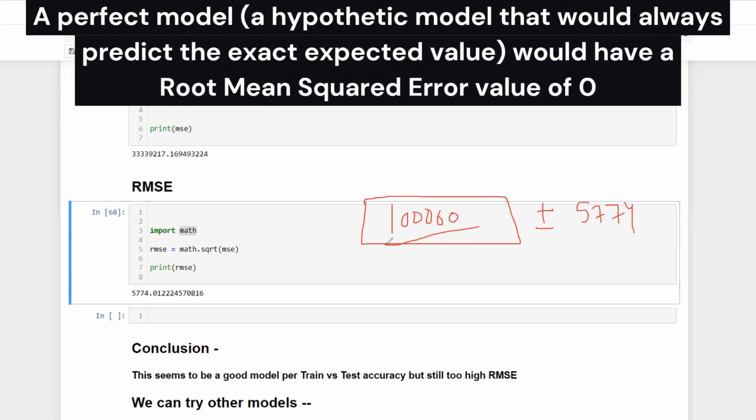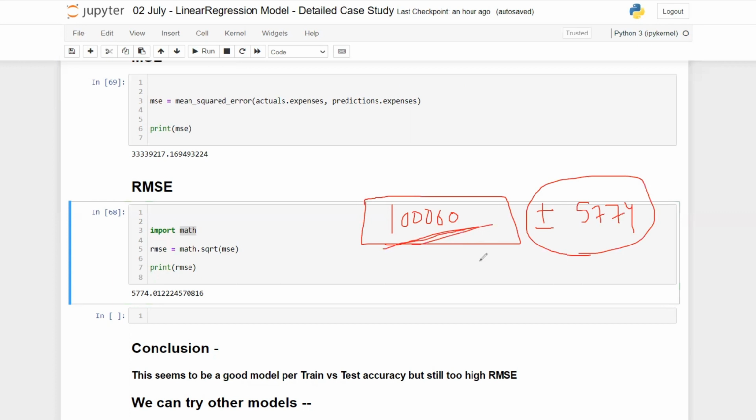So if the model says I can give him a loan of 1 lakh, there will always be an error of 5774 in predicting this. That's where I am saying RMSE should be used rather than MSE, because you cannot compare the huge MSE value to the actual value. MSE is good, but RMSE can be compared to the actual prediction because it's nearer to the actual scale.